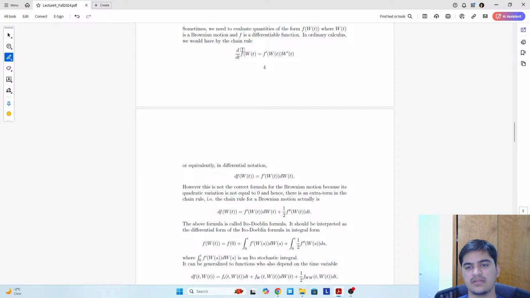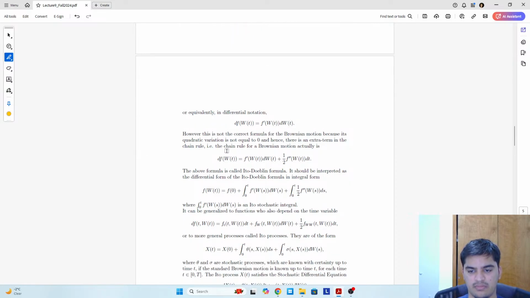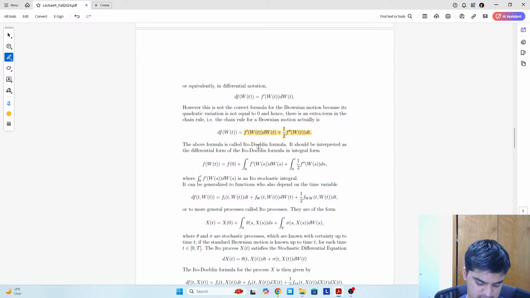Oh wait, this is the chain rule that we have in ordinary calculus. But for stochastic calculus, the chain rule is given as df(W(t)) equals f'(W(t)) dW(t) plus half f''(W(t)) dt.